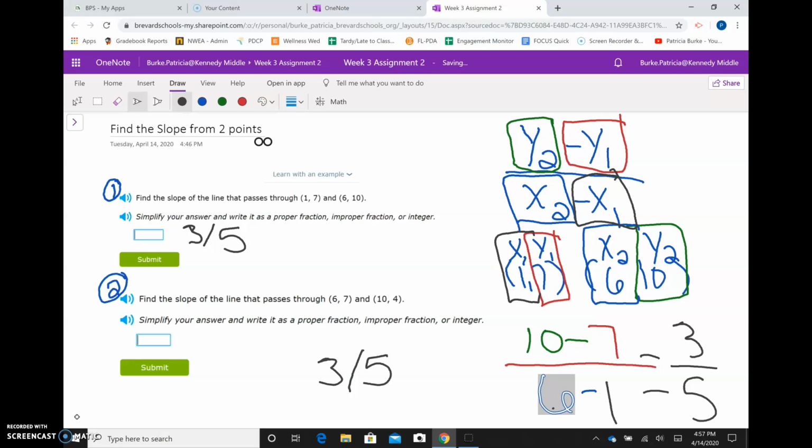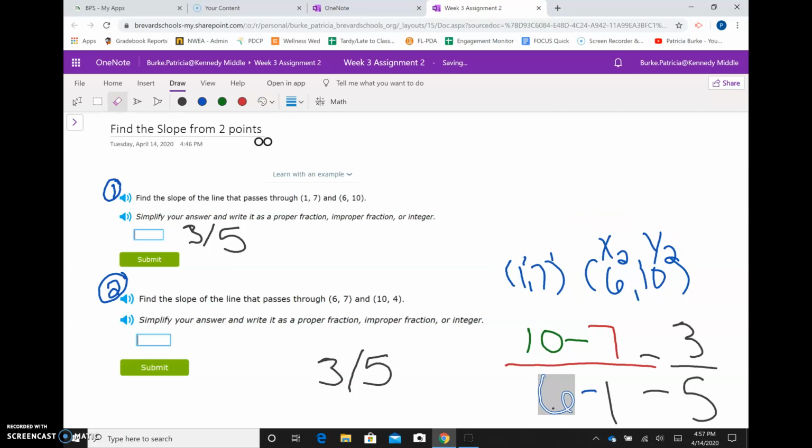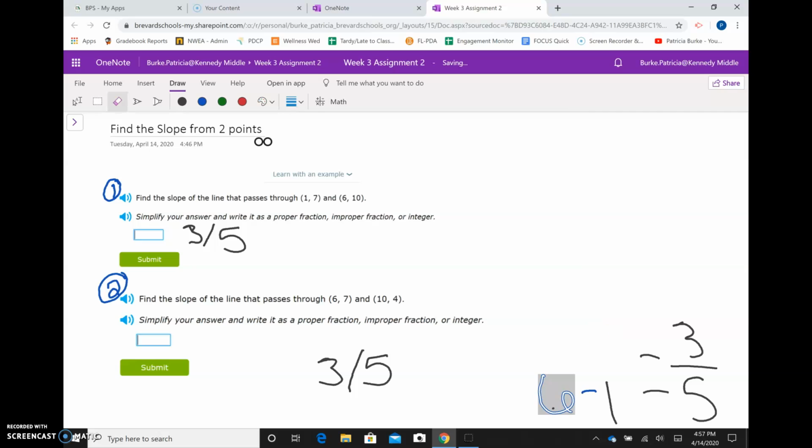All right, you have two ways you can do it. You can do it the formula way, or you can do it as a starting point, ending point. Okay, so let's erase our sample 1. Let's talk about sample 2. Sample 2, I got when I went up a few levels in IXL.